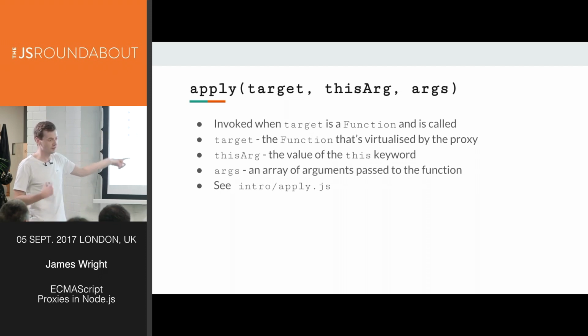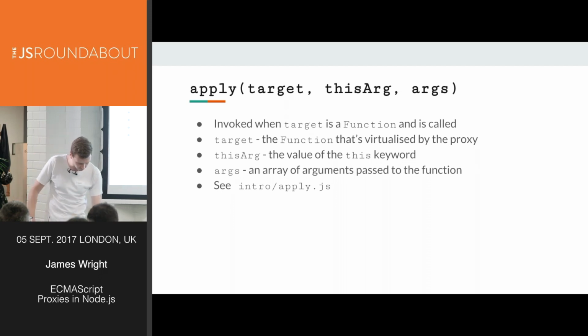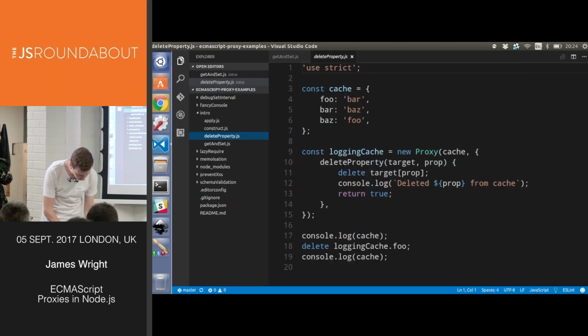This argument is the value of the this keyword. This is ultimately dependent upon the invocation context, whether you're calling it without association to its object, for example, or you're invoking it as a method. And then you have the arguments. This is an array of the arguments that are ultimately passed into the function.